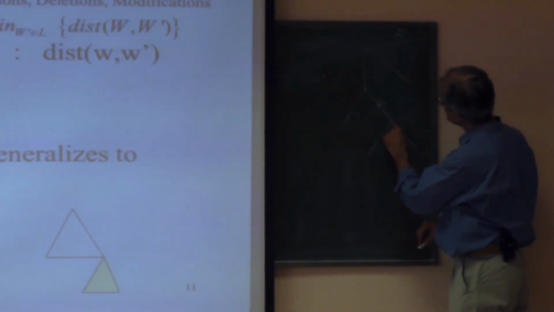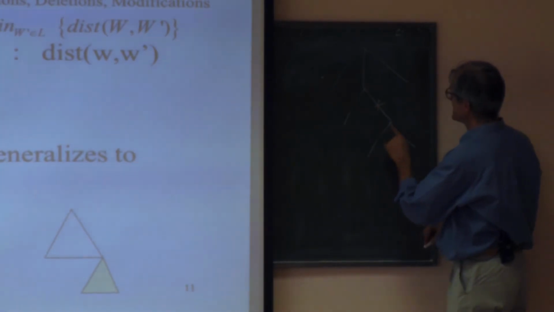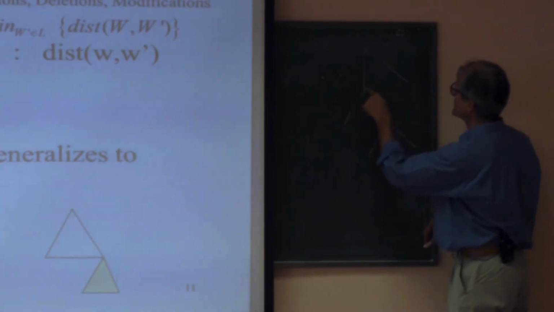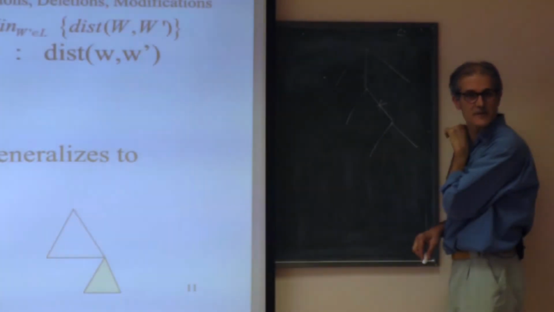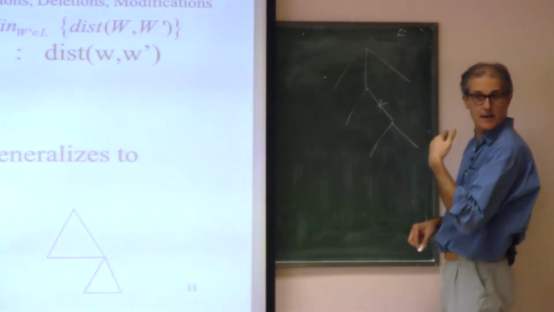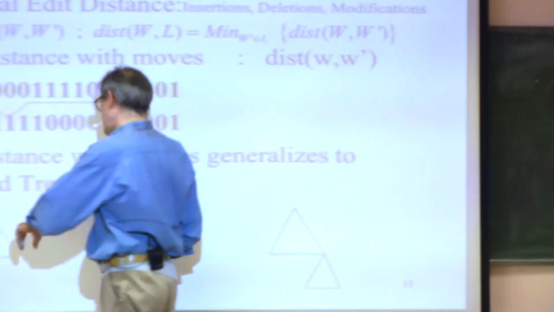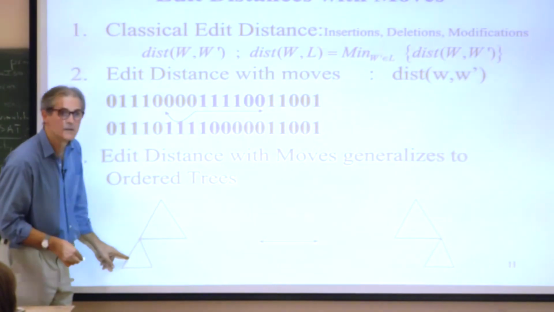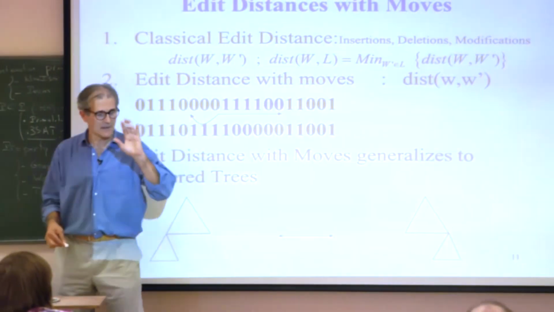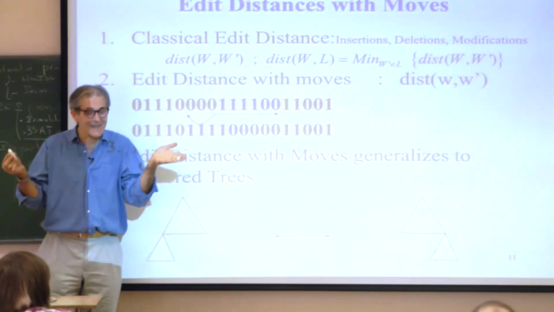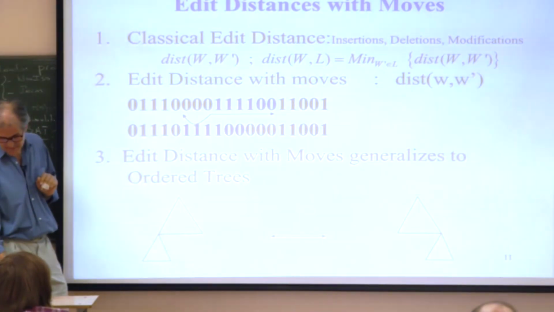Then the distance is going to 0. Eventually these two edges will become edges of this node. This is removing an edge, and adding an edge is the opposite operation. Now what is a move? A move is when you select a subtree and you stick it somewhere else. This is a move on trees. It's actually very, very useful.